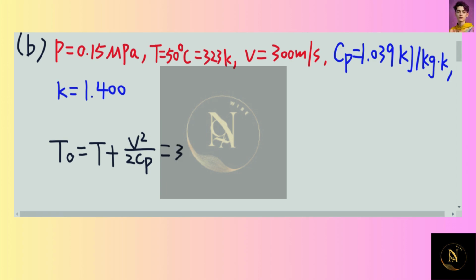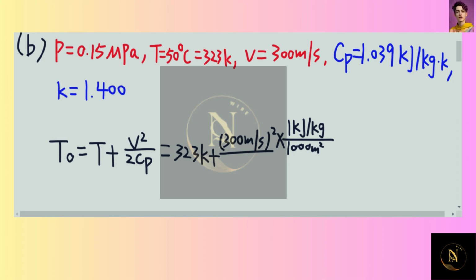So it's 323 Kelvin plus 300 meters per second to the power 2, times 1 kilojoule per kilogram over 1,000 meters squared per second squared, and then over 2Cp, which is 2 times 1.039 kilojoule per kilogram times Kelvin.